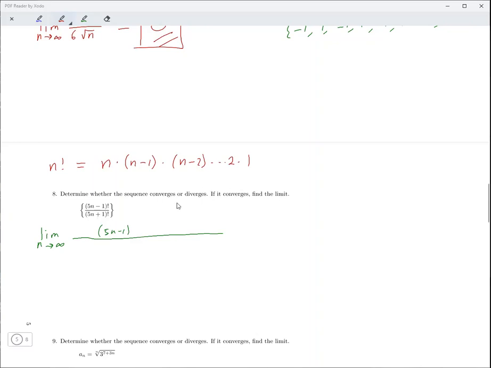Something like that, right? Okay, so I'm going to do kind of the same thing. I start with 5n minus 1, then I multiply by 5n minus 2, and then 5n minus 3, and I keep going until I get to 2 and then 1. I don't even need to put the 1 though.